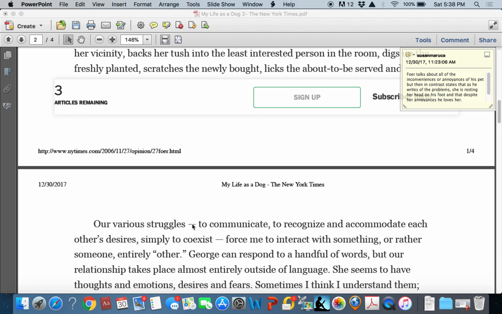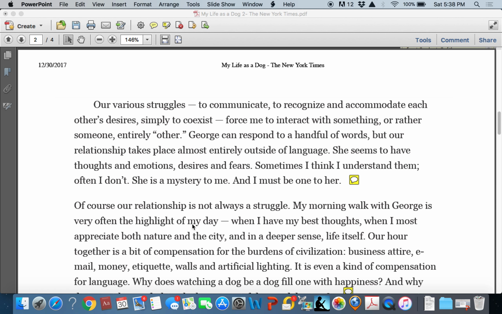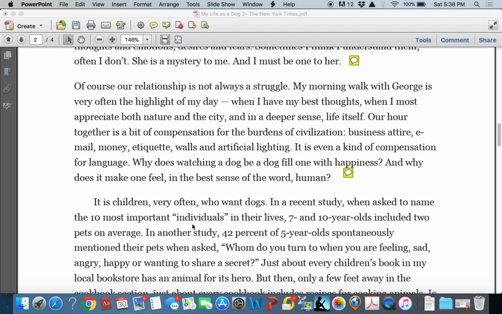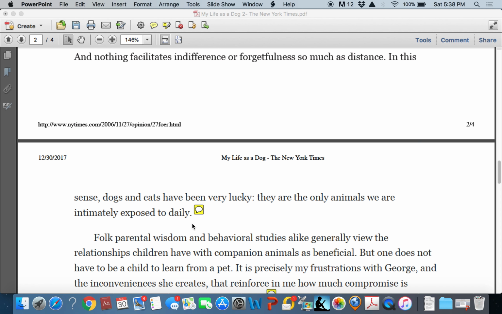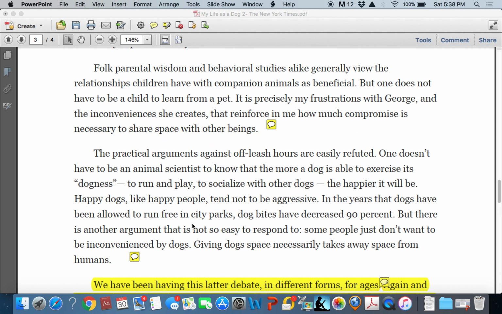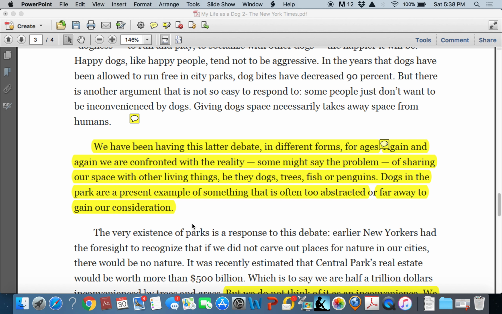It is okay if you do not have one sentence as your main idea or your claim. Often it's in several sentences. And so I highlighted some ideas as I was going along that I thought were important to the author. And I think this is a part of the thesis. We have been having this debate in different forms for ages.